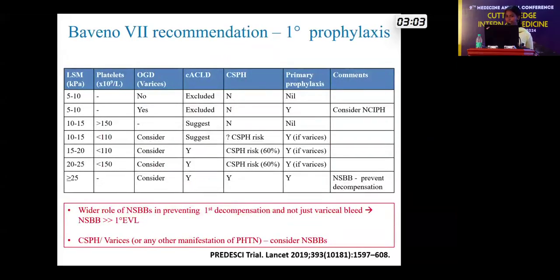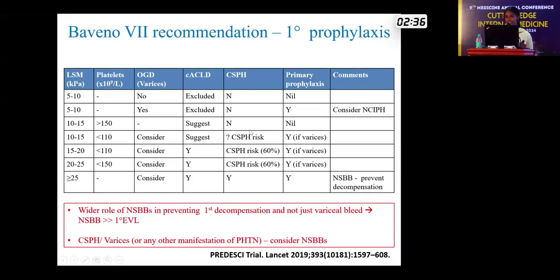Now, this is just to summarize the guidelines for primary prophylaxis. Just to simplify it, anybody with an LSM value of less than 10 is not CACLD. You do not require to give primary prophylaxis. If LSM is normal but varices are present, think of NCIPH, and give this patient beta blockers. I'll come to 10 to 15. 10 to 15 suggests CACLD.